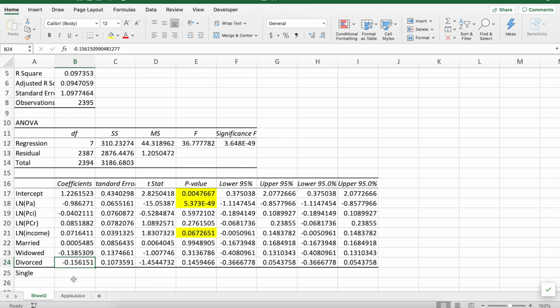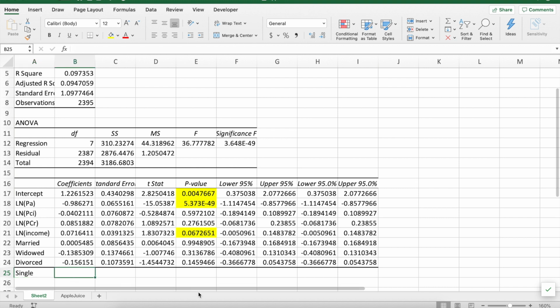So again, this coefficient means, if it were significant, that a divorced household would consume, on average, 15.6% less apple juice than single households. But again, it's insignificant along with these other two, meaning that there is no significant difference between married, widowed, and divorced households relative to a single household.